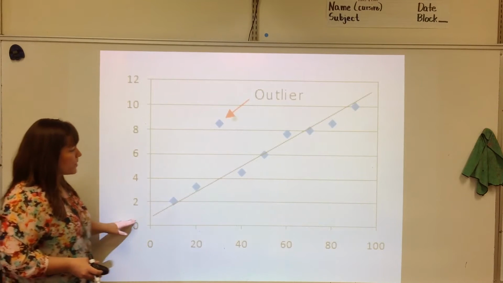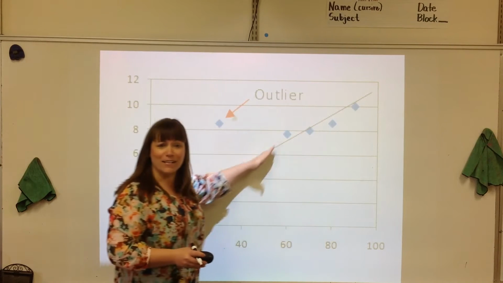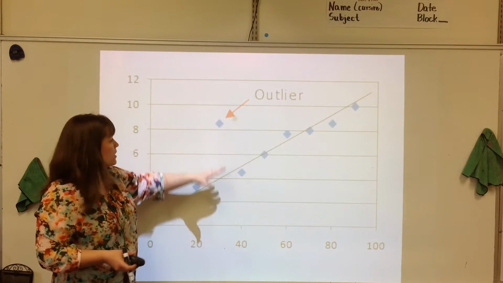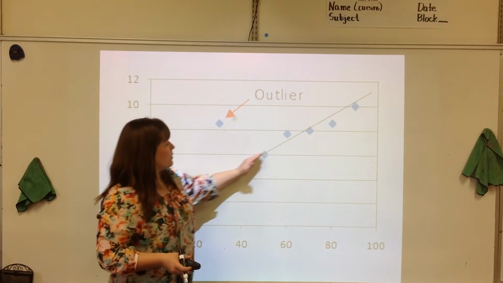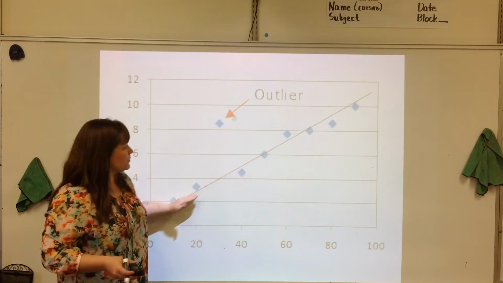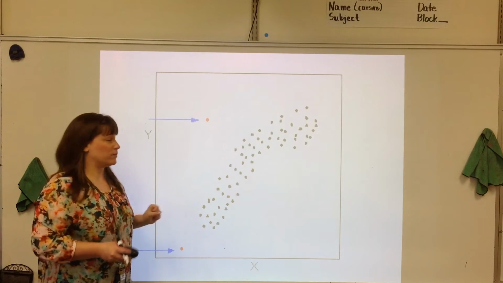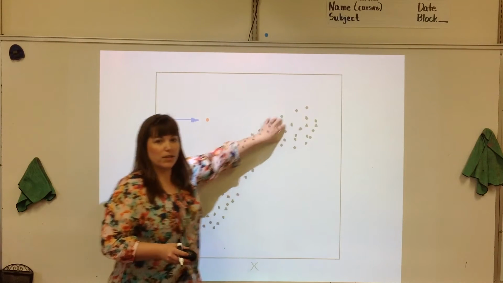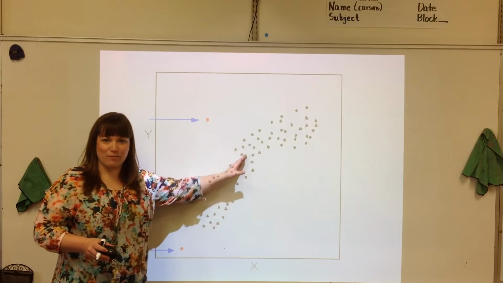Here's another one where most of the numbers seem to cluster on this line, but then we got this odd guy, and that's an outlier as well. He is much higher than the other data points. Here, in this dot demonstration, we have the cluster here, and then these two are not in that same general pattern.